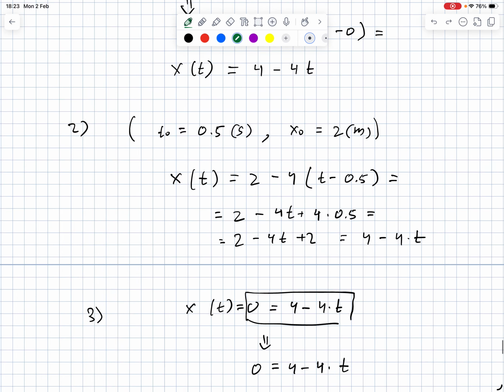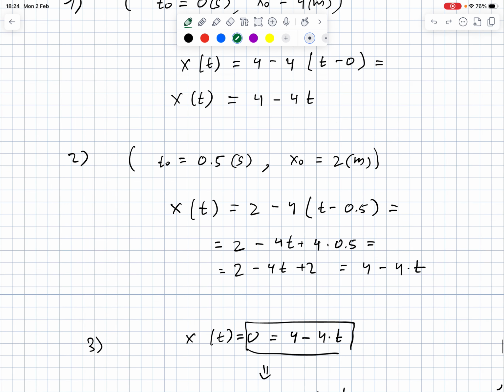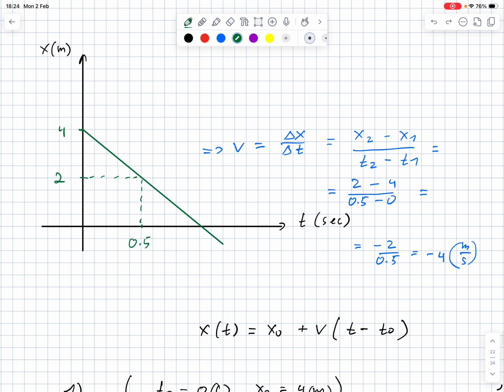Let's go over the mathematical steps, and we'll see that we get the same result. What can we ask now? We can ask when this object goes through the origin. Well, actually, we're talking about this coordinate, when x of t equals 0, and we need to find the time when it happens.